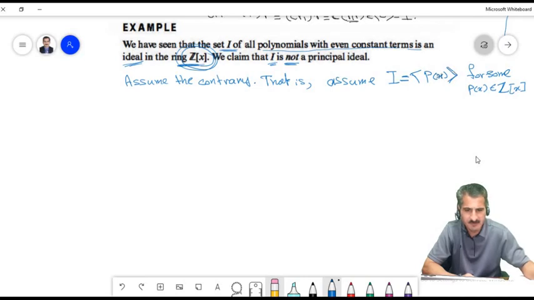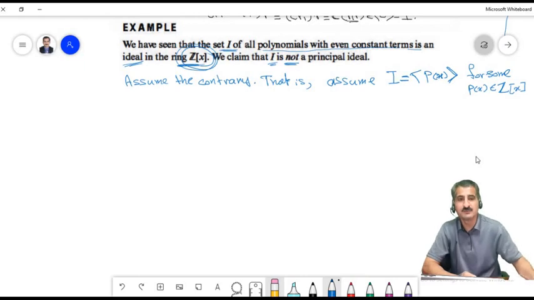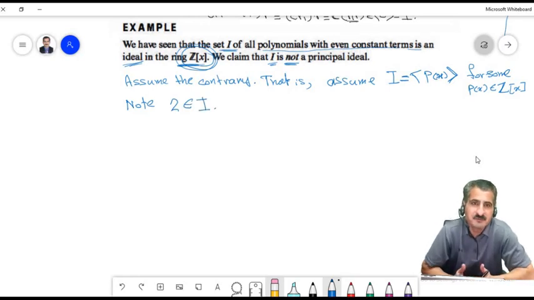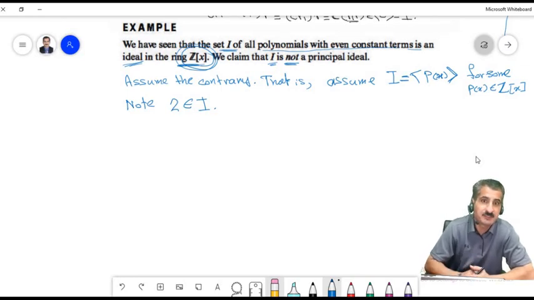Okay. So we assumed that ideal, remember, is the set of all polynomials whose constant term is even, right? Now notice that 2 belongs to I, because it is a constant polynomial, p(x) equals 2. Yes, a constant is considered a polynomial.